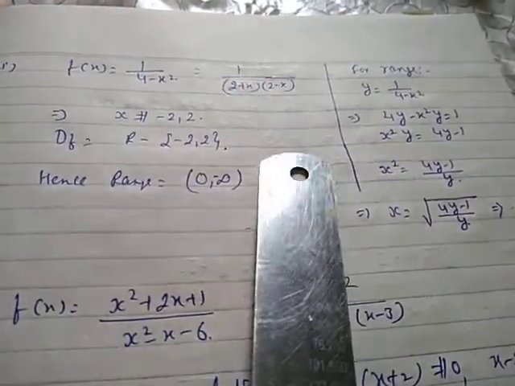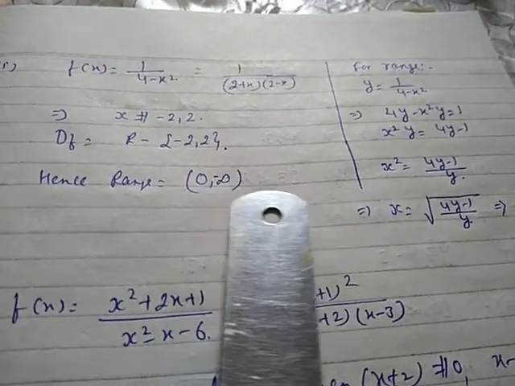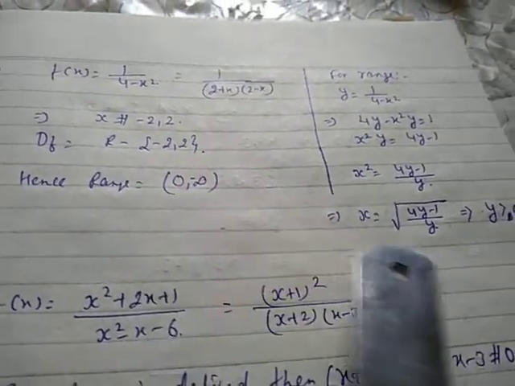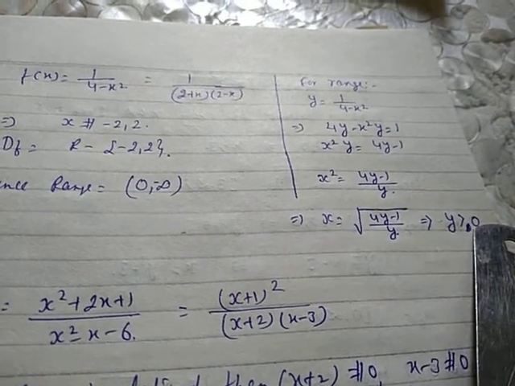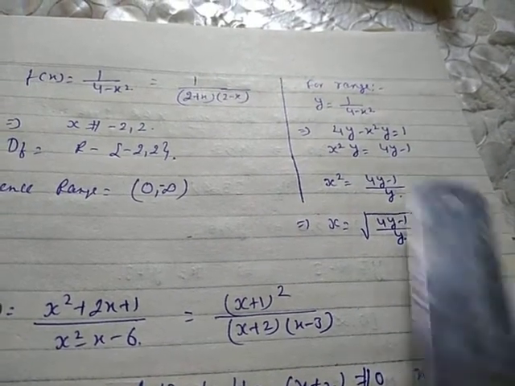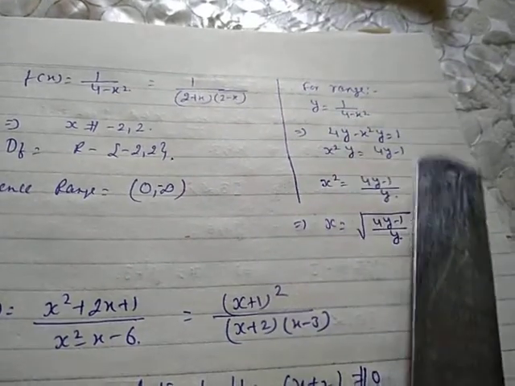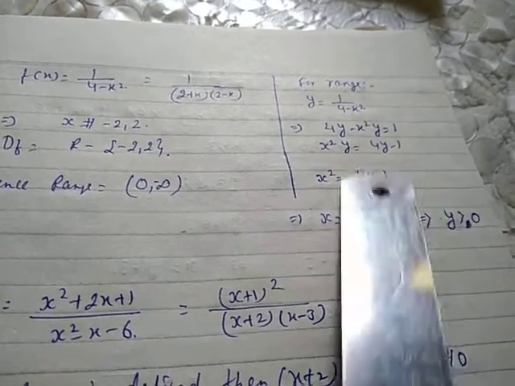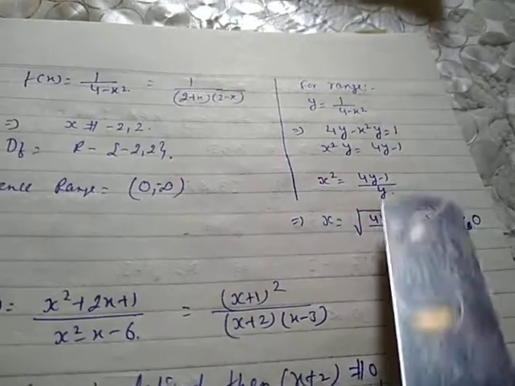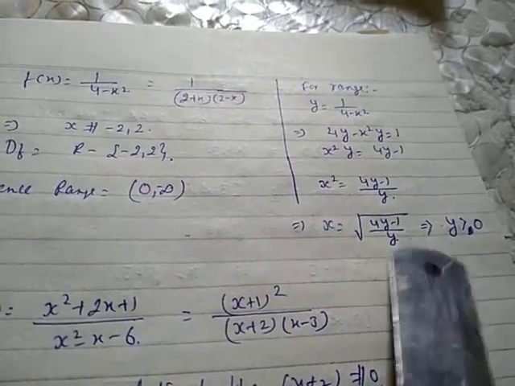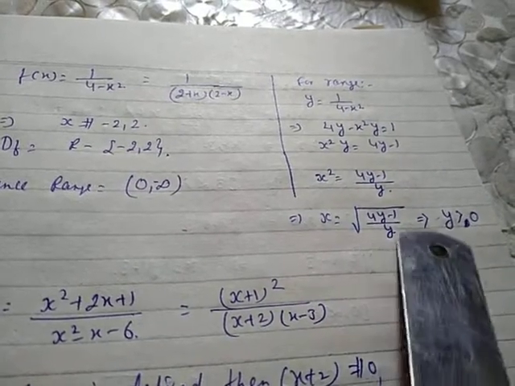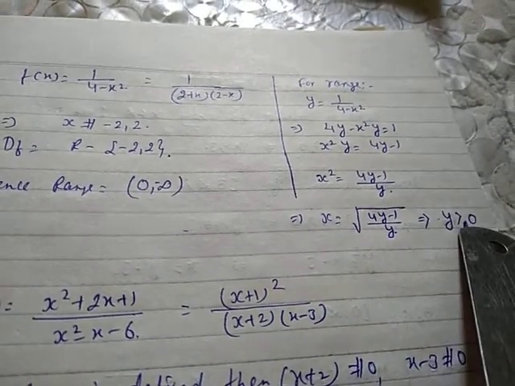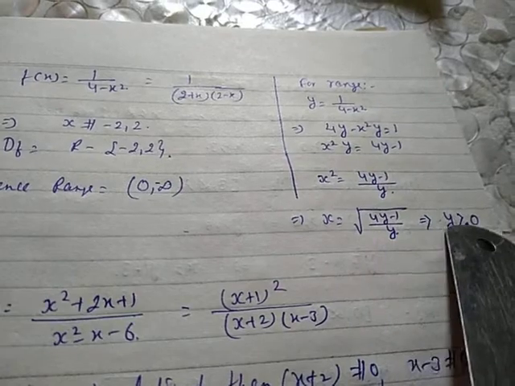Therefore it is in curly braces, -2 comma 2, and the range is 0 to infinity, but 0 is not included here. It should always be greater than 0. Okay, range you can find out: y = this, x² = this, x means under root. Under root, that means definitely the expression under the root must be greater than 0. So the first restriction is y is not equal to 0, and it should always be greater than 0.